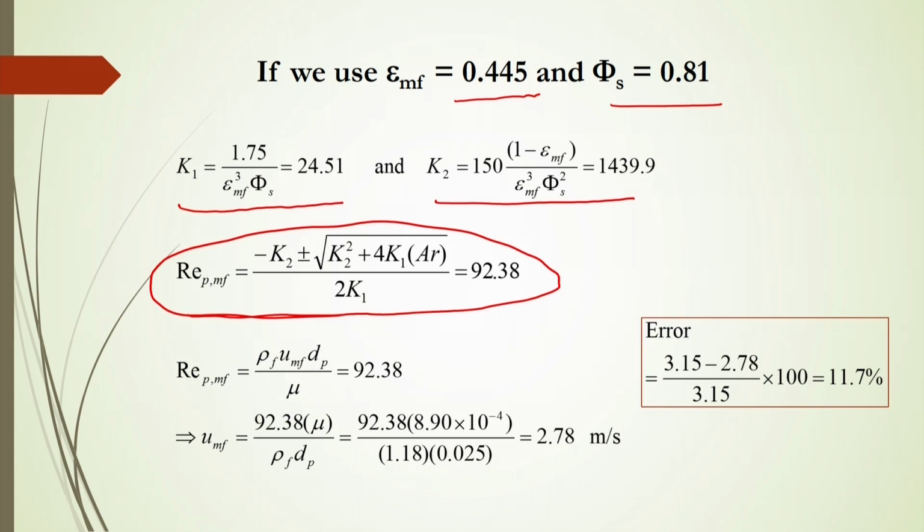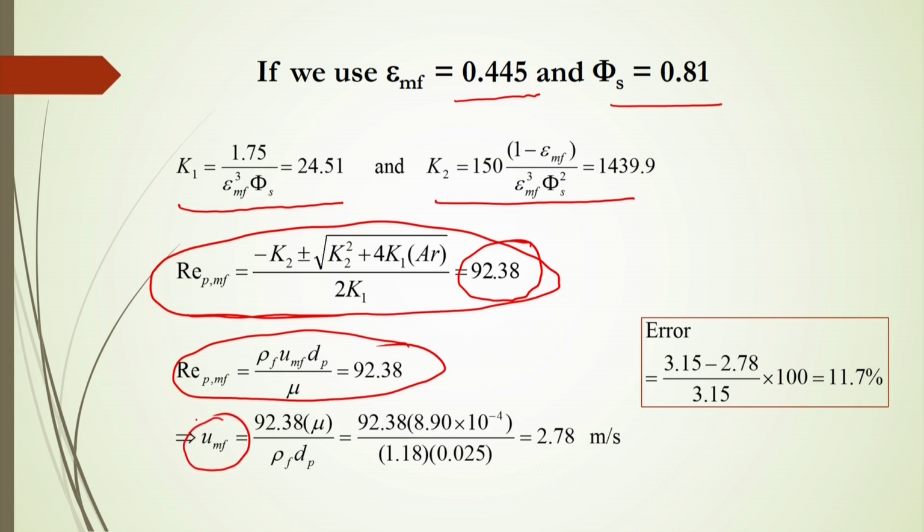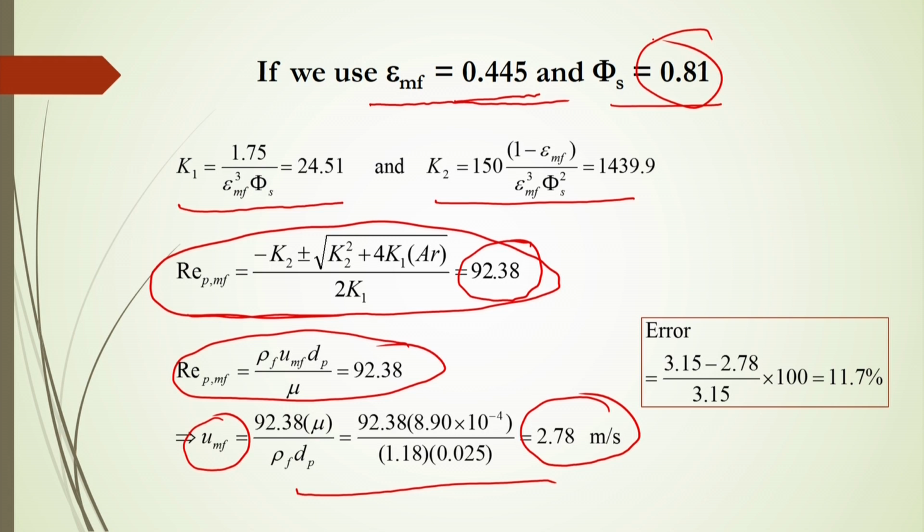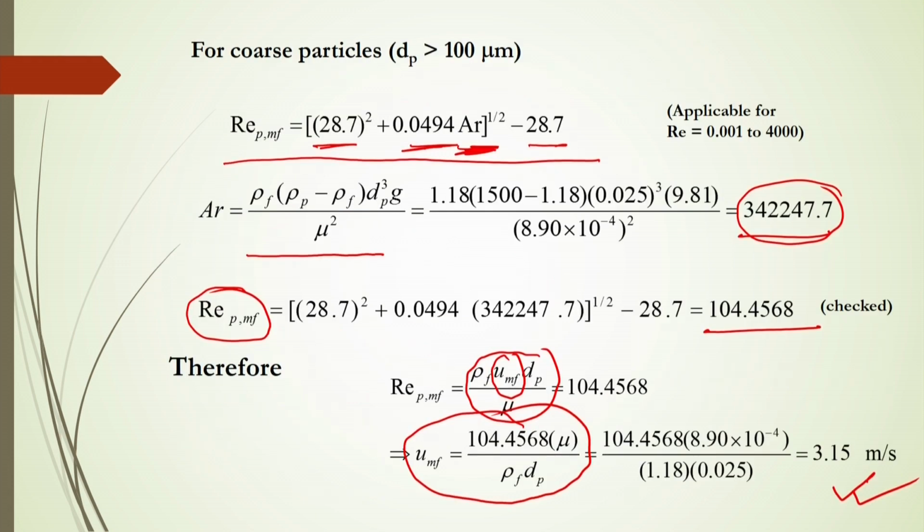If you substitute the K1 and K2 values here, we get the Reynolds number at this minimum fluidization condition as 92.38. From this we can calculate UMF, the minimum fluidization velocity, which will be 2.78 meter per second, whereas without using the minimum voidage of 0.445 and the sphericity of 0.81, using the previous equation, we got 3.15.